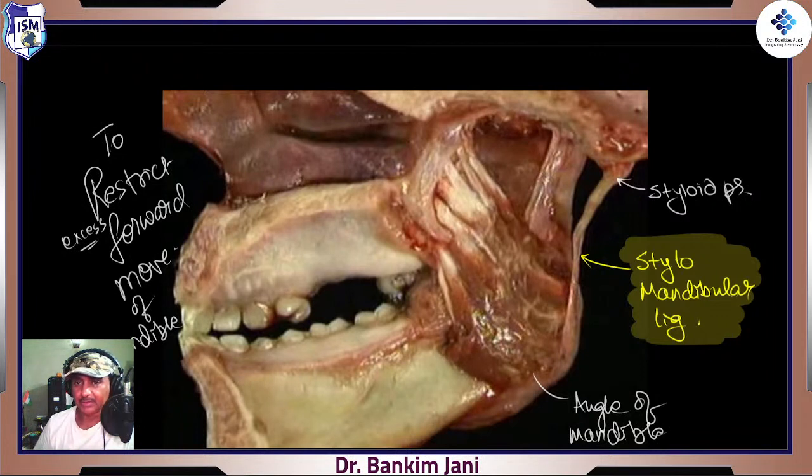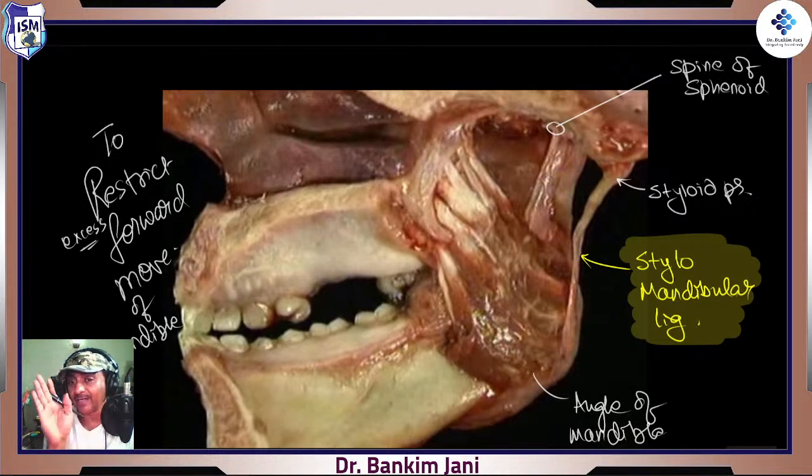We remembered two more structures. One was the spine of sphenoid. That's the location of the spine of sphenoid. Okay. And then on the inner aspect of the mandible, there was the mandibular foramen, and then there was one protrusion, right, which we called the lingula.